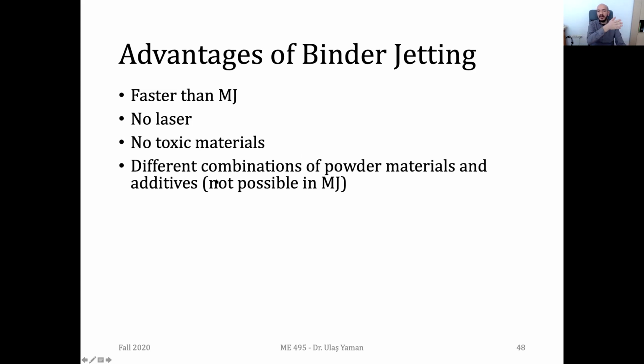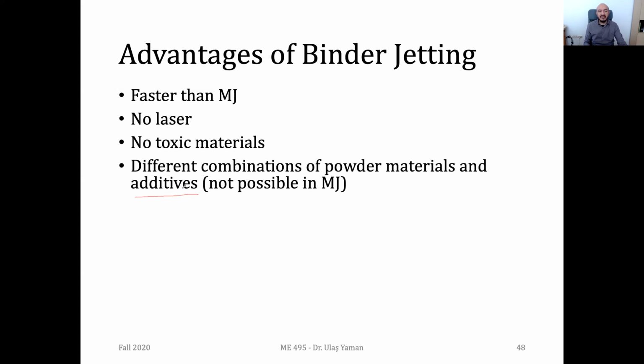And you may have different combinations of powder materials and additives. Since powders are spread on the table with a special mechanism, it's totally different from the jetting system. And on the other side, with the help of jetting, you may jet different materials, different additives, chemicals.